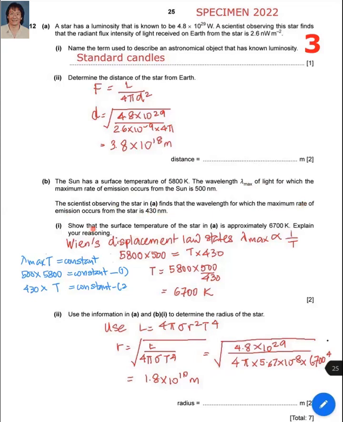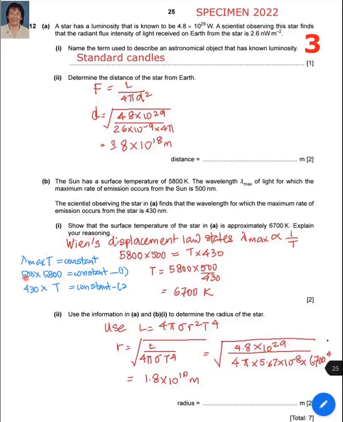Part 1: show that the surface temperature of the star is approximately 6,700 Kelvin. Explain the reasoning. To do this question, we use Wien's law of displacement, which states that lambda max is proportional to 1 over T, or lambda max is inversely proportional to temperature. Therefore, lambda max times temperature equals a constant.